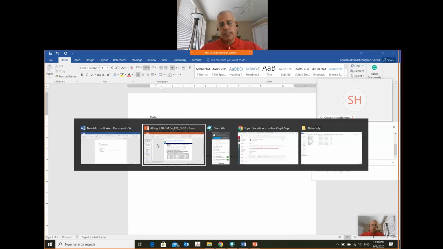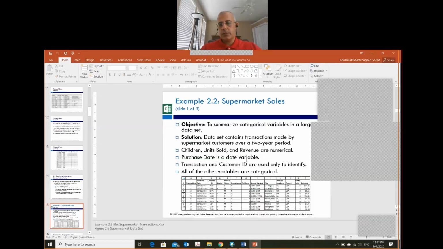Now we want to see how we can report or summarize our data in a way that makes sense to the end user. Suppose this data set, supermarket sales, contains data on transactions made by customers at a hypothetical supermarket.